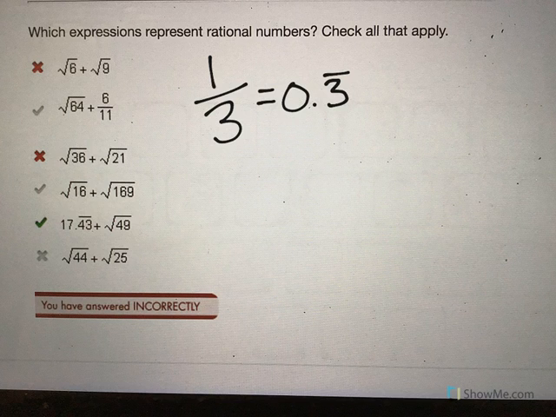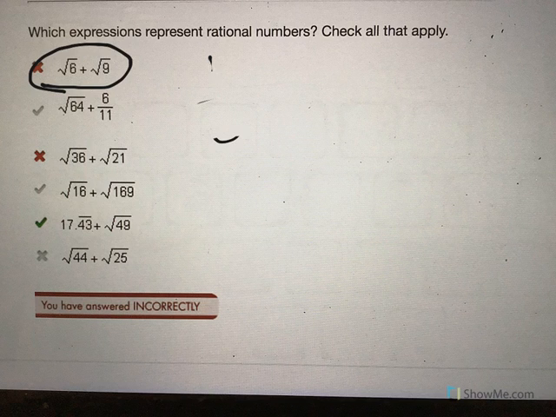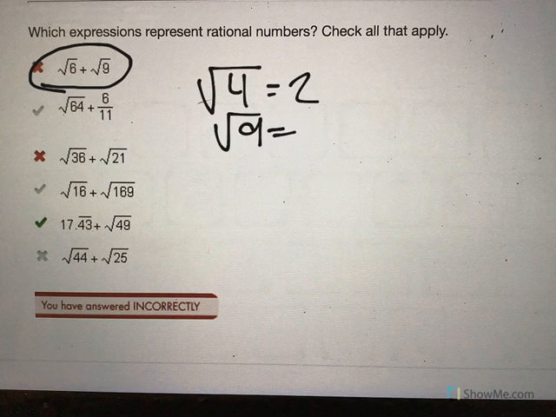Okay, so this first one, why isn't it rational? Now, square roots are easy in the fact that, let me erase this, if it's a perfect square, square root of 4 is 2, square root of 9 is 3, square root of 16 is 4, and so on and so forth.